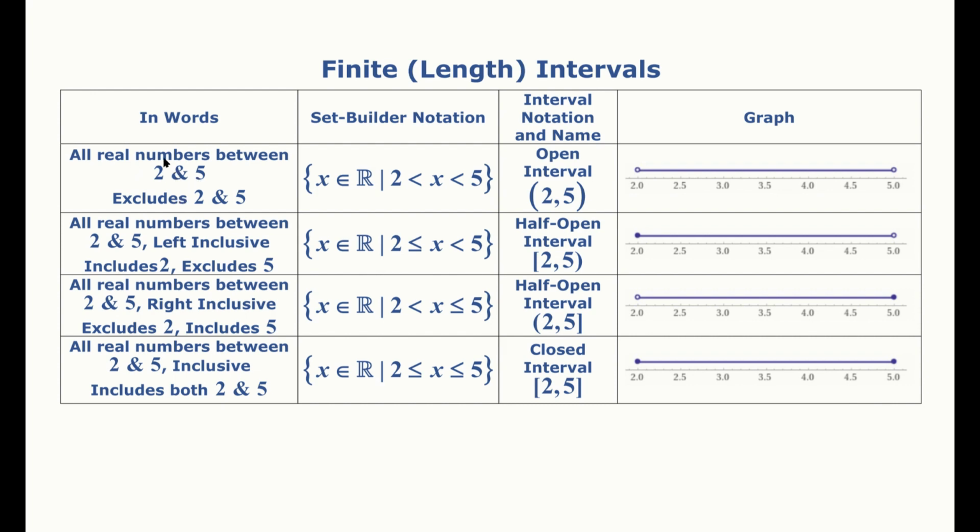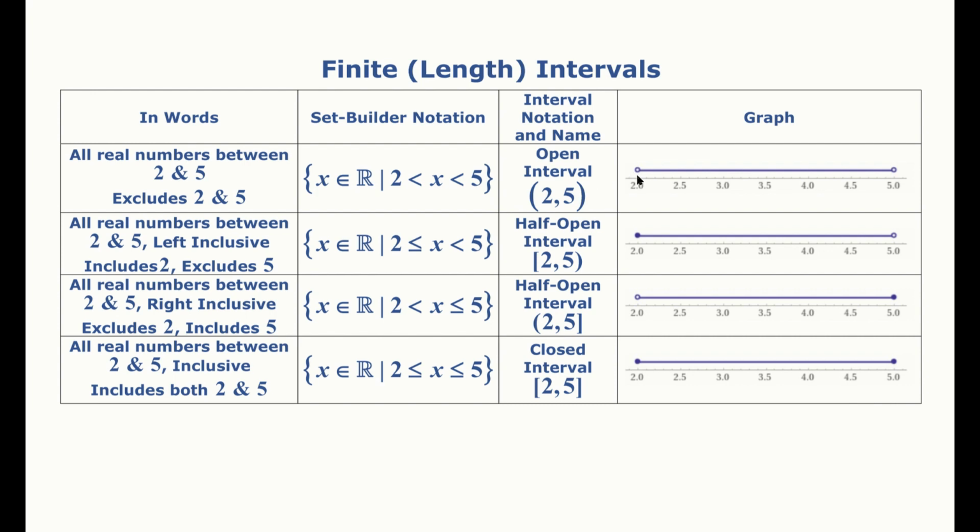So notice that you want all real numbers between 2 and 5, and that would exclude 2 and 5. So it would look like this in set builder notation: all x belonging to the set of real numbers, or you can just say all real numbers such that they are between 2 and 5. In interval notation, it will look like that. We just have starting point 2, ending point 5, and parentheses on both ends because we do not want to include them.